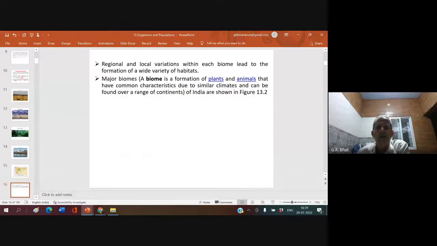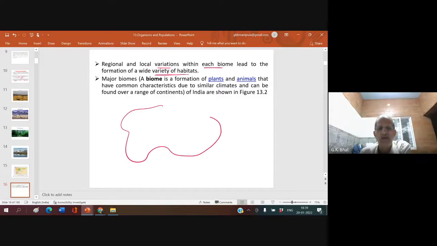Regional and local variations within each biome lead to the formation of a wide variety of habitats. In a forest biome, does the forest remain the same everywhere? No. If I say this is one big forest patch, don't you come across some streams flowing?